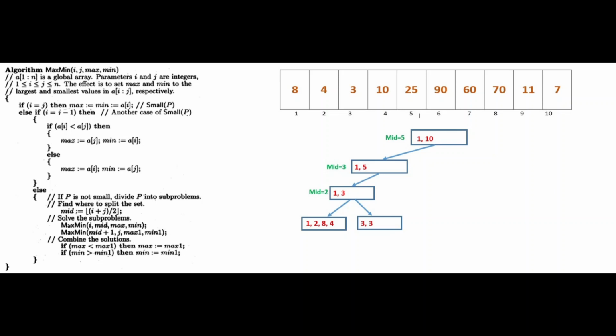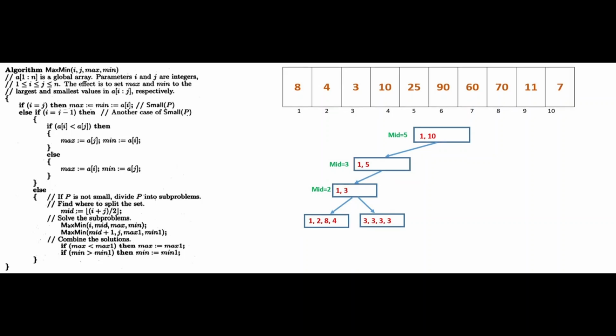So we get max equal to 3 and min equal to 3. I is equal to 3, j is equal to 3, max equal to 3, min is equal to 3.